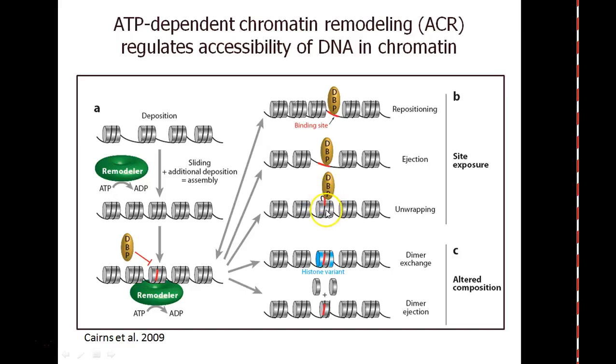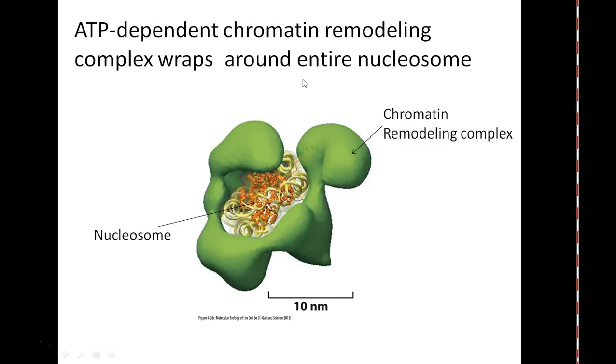And now in this form, this red piece is available or visible to DNA binding proteins. And we can also have different forms of chromatin remodeling involving dimer exchange or dimer ejection. So all of those activities are performed by a specific group of enzymes called ATP-dependent chromatin remodelers, and they rely on ATP energy to perform all of those functions.